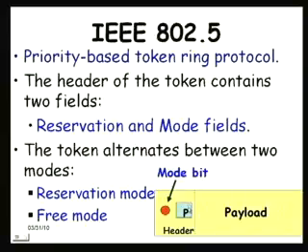But if it finds that either nobody has made a reservation or the priority value is less than the priority of the message that it itself has, then it will not change the mode to free mode. It will keep it in the reservation mode and continue to transmit. And of course, if it finds that there are no messages to send, it will just put it in the free mode and transmit.